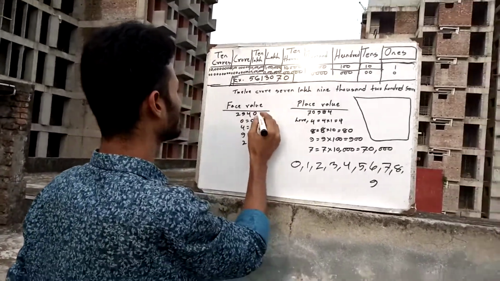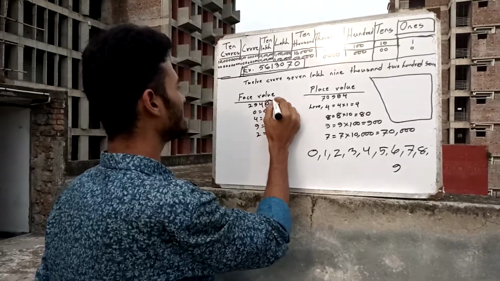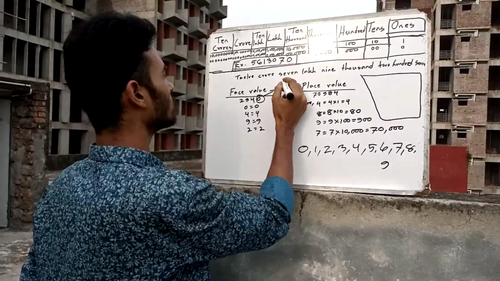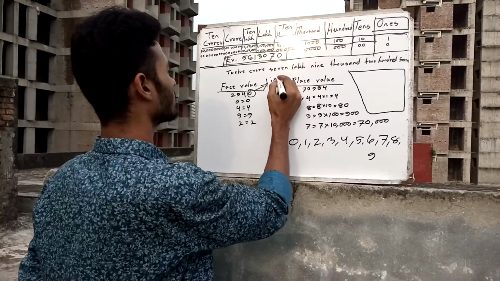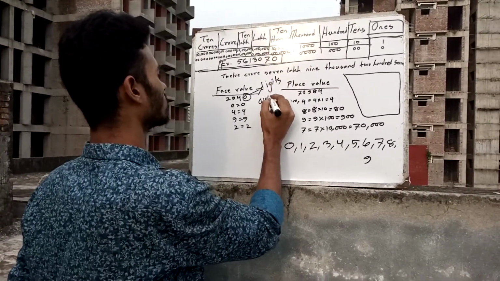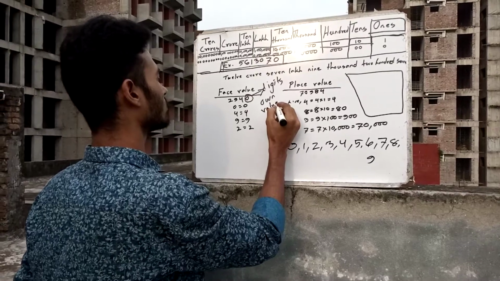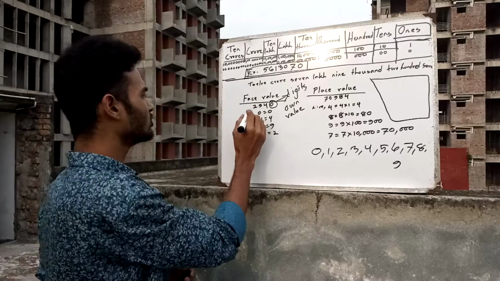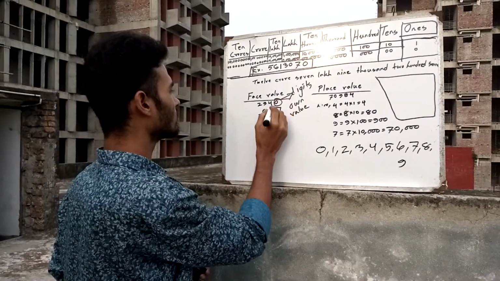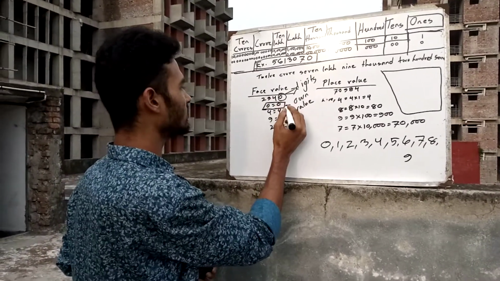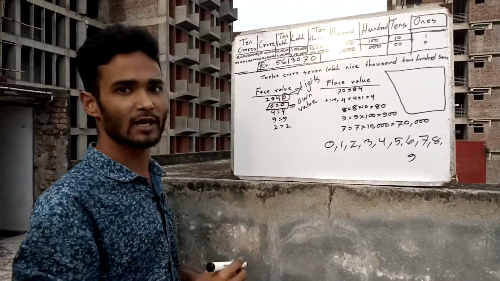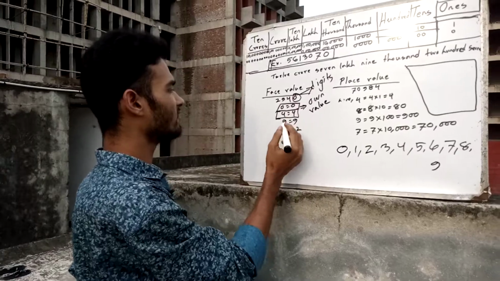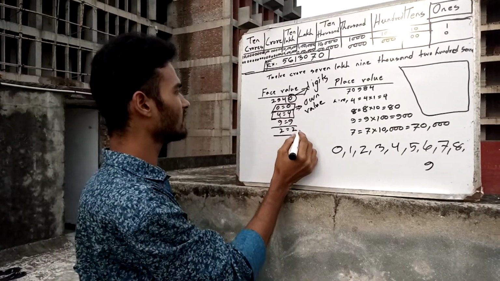Face value means the digit's own value. At whatever place it may be, the value of 0 is equal to 0 in face value. The value of 4 will be 4, 9 will be 9, 2 will be 2.